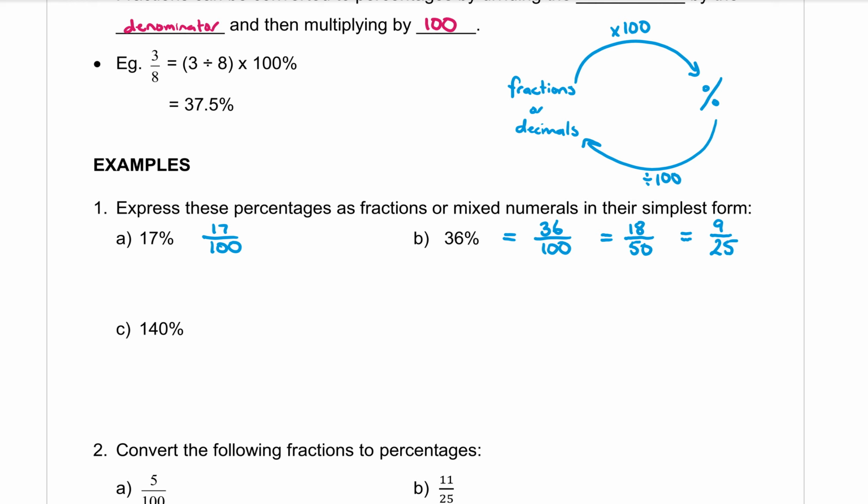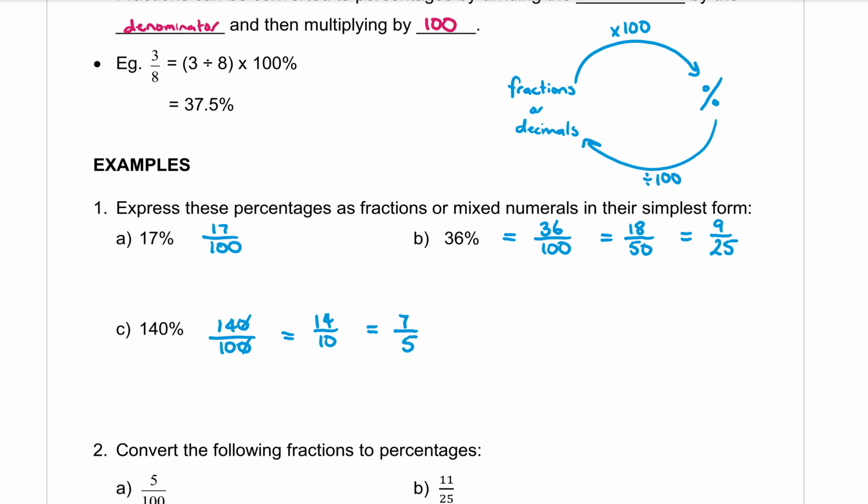Okay, one more of these. We have 140%. So we put 140, and we divide that by 100, and we want to simplify. Well, first of all, you could divide the top and bottom by 10, and that would get rid of those zeros. You'd have 14 over 10, like that. Both of those numbers can be divided by 2, which would give you 7 over 5.